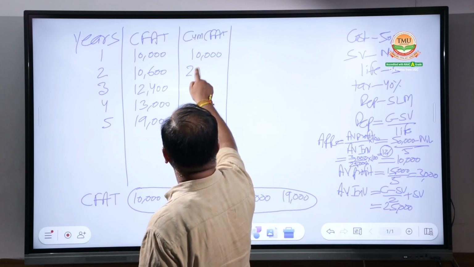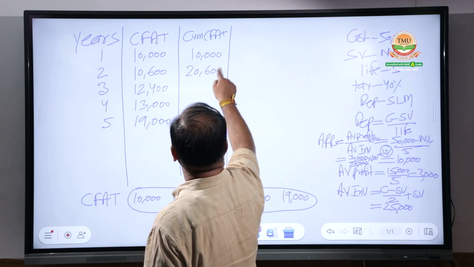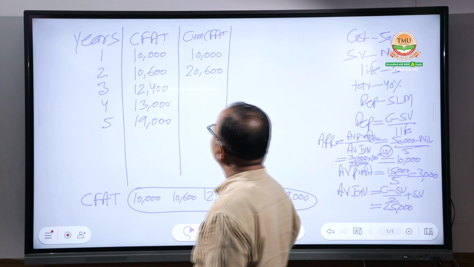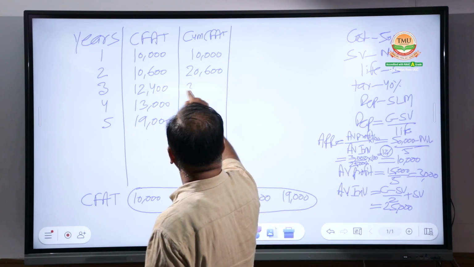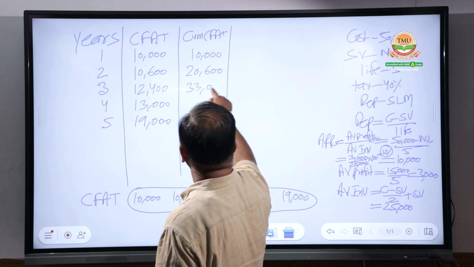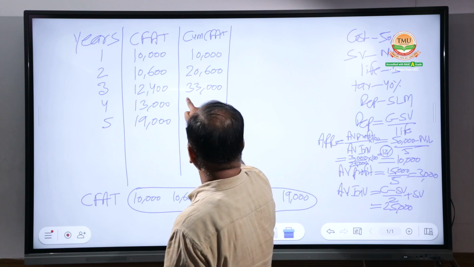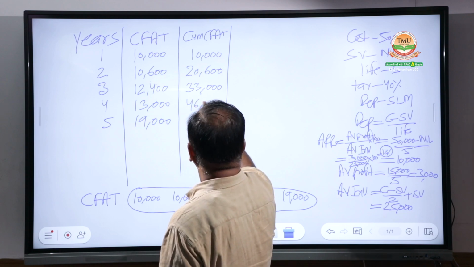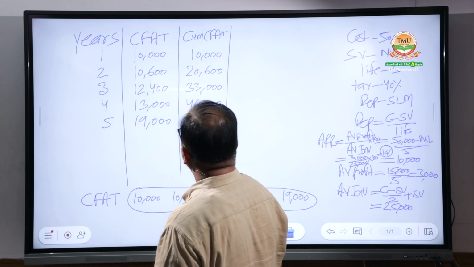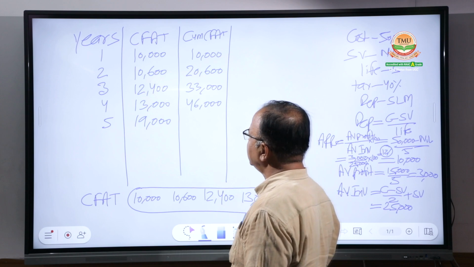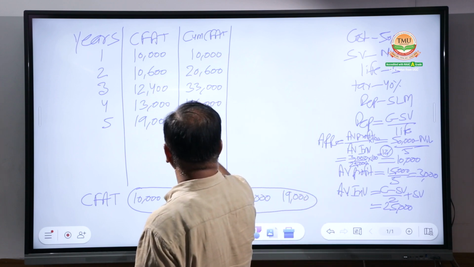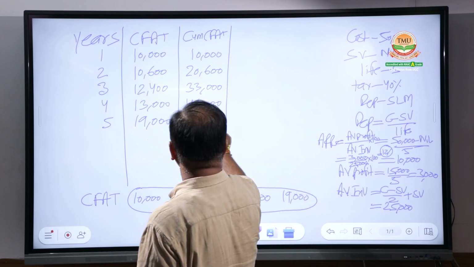It will be 20,600. Now, it will be 33,000 in third year. In fourth year, it will be 46,000, and fifth year, it will be 65,000.